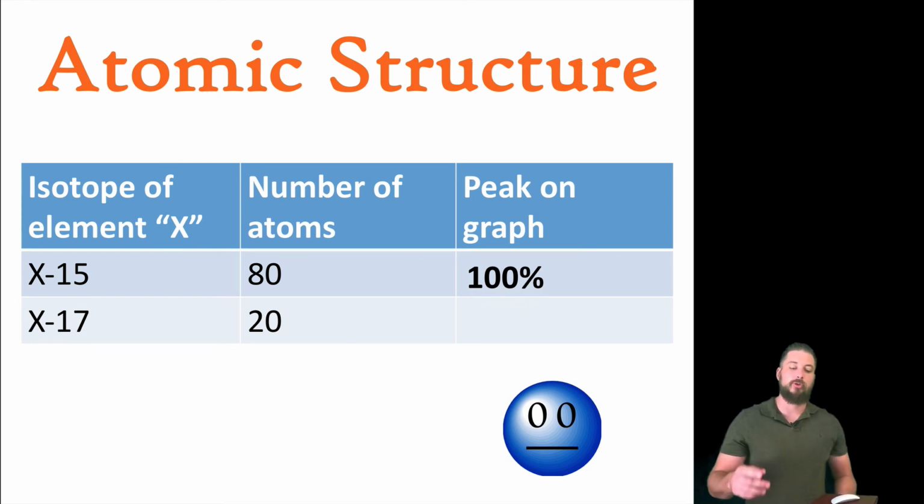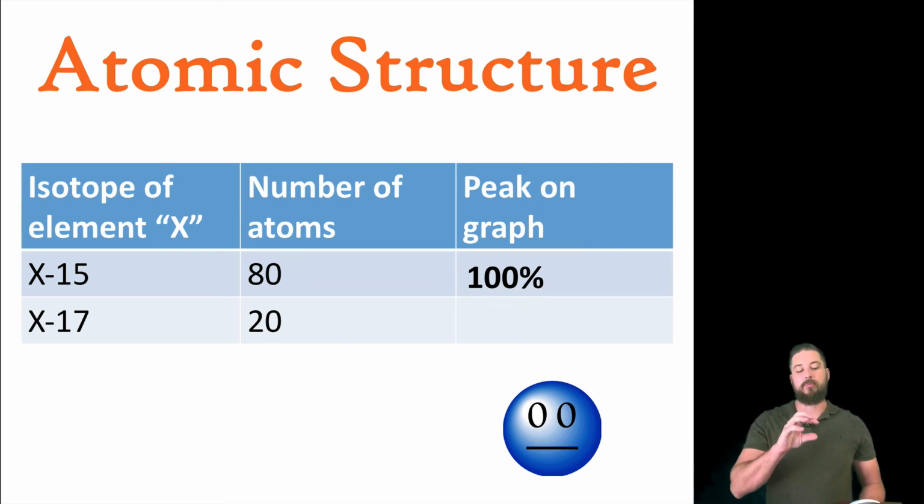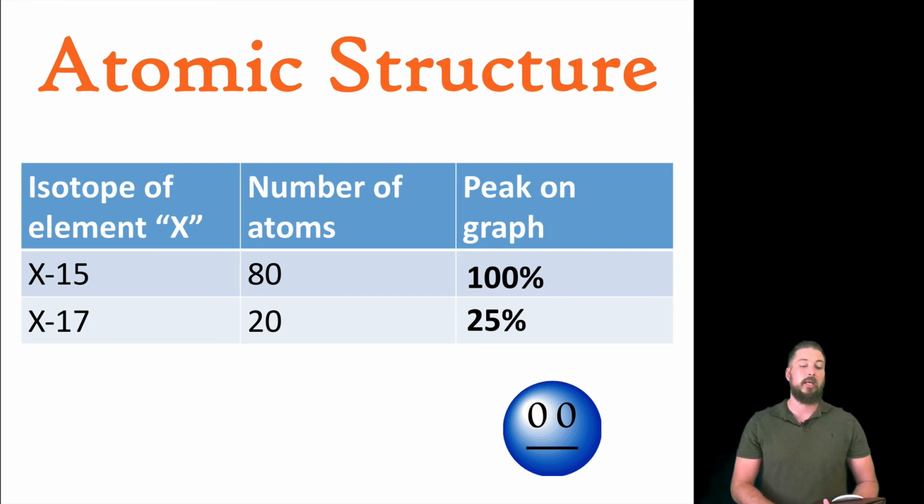And then it'll say what is the percentage of that 20 compared to that 100%. And so 20 happens to be 25% of 80. And so notice how the mass spectrometer would end up giving us a mass spectrum where the X15 will have 100%, and then the X17 will have 25%, because it shows what the abundance of 17 is in comparison to the 15.